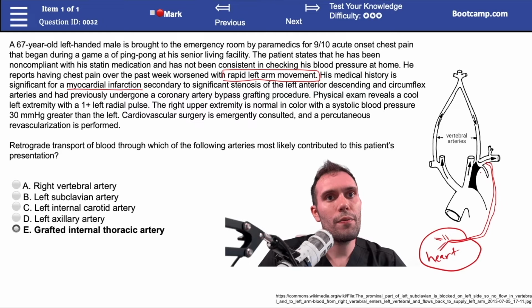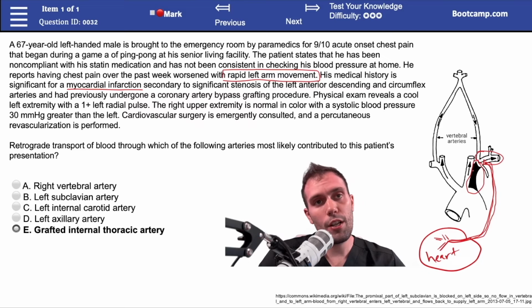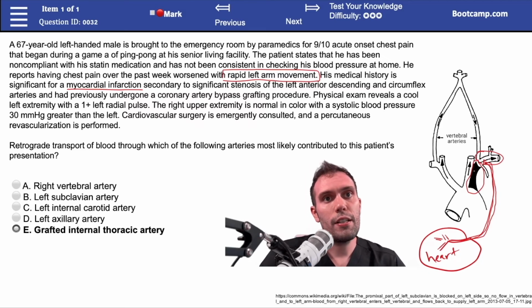Because this patient has this area of stenosis here, there's actually a steal phenomenon going on where we're stealing some of this blood and it's going retrograde distal to the obstruction. Remember we talked about, if the narrowing is significant enough distal to the subclavian artery, the vertebral blood flow will start to flow retrograde.